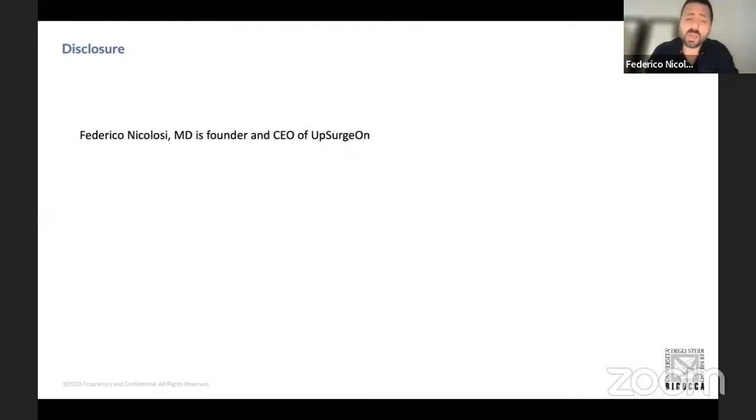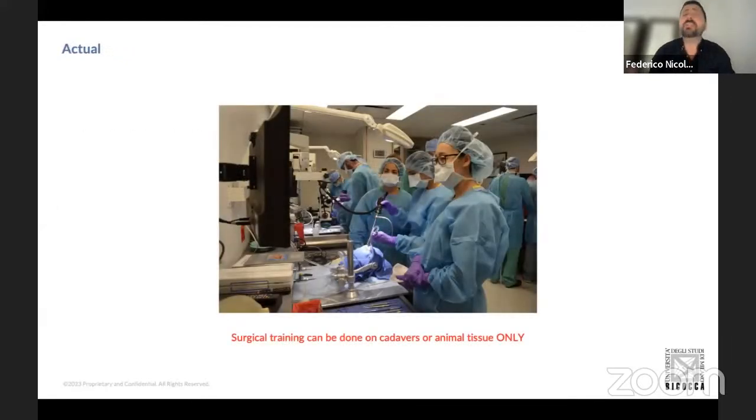So we started in 2017, and the idea was that there is this traditional idea that training in our discipline can be done only on cadavers or only on animal tissue, but this is exactly what we didn't believe, and probably, as you other speakers in this conversation are demonstrating, this is not the only way.